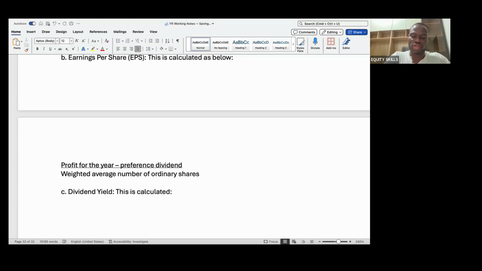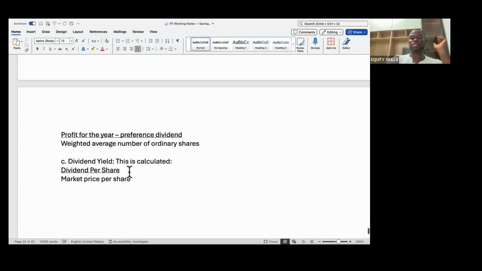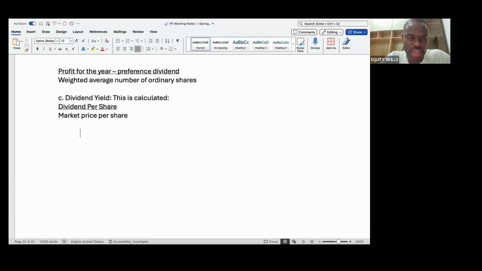The actual returns to shareholders, and we usually measure it as dividend per share all upon market price per share, in the sense that, let me let this make sense to you, if you have company A and company B, and the dividend per share of company A is, let's say, 5 naira, and company B is 2 naira, you will say company A is better because it's paying higher dividend per share.